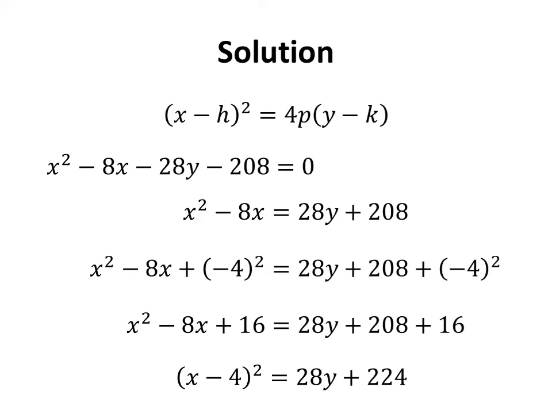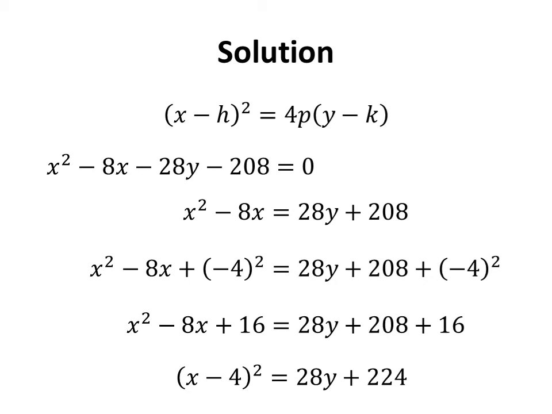Solution. Start by writing the equation of the parabola in standard form. The standard form that applies to the given equation is (x minus h) squared equals 4p times (y minus k). Thus, the axis of symmetry is parallel to the y-axis.